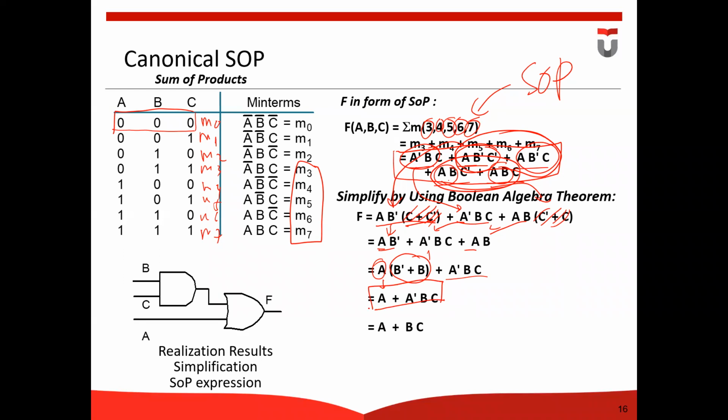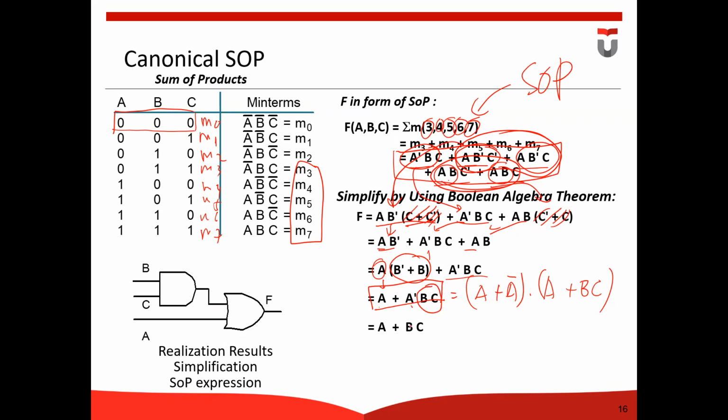Now, how can we simplify this one? This is A and this is A naught. Just by using the distributive law, you can see that this is A plus A naught, okay, times A plus BC. This is the function, right? Just think of this as one variable.